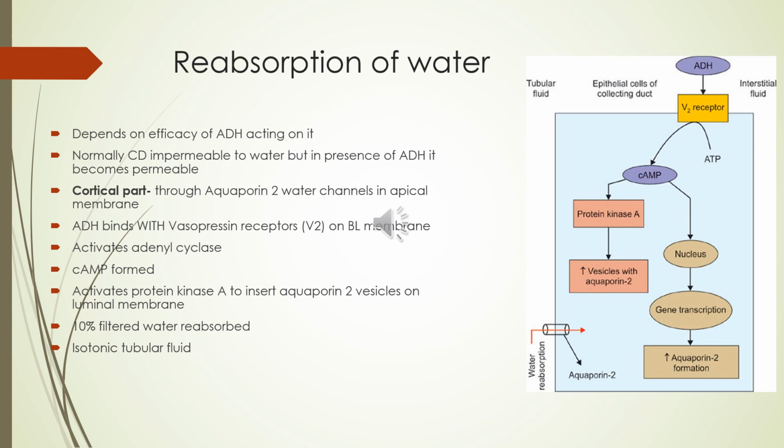So the otherwise impermeable collecting ducts in the presence of ADH become permeable to water, and this water moves out of the tubular fluid into the tubular cells through these aquaporin 2 water channels, and from the cell into the interstitial fluid.